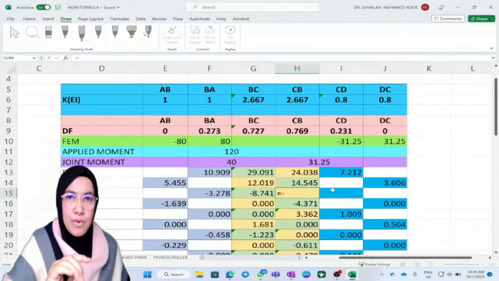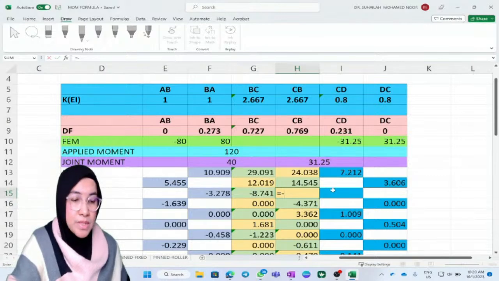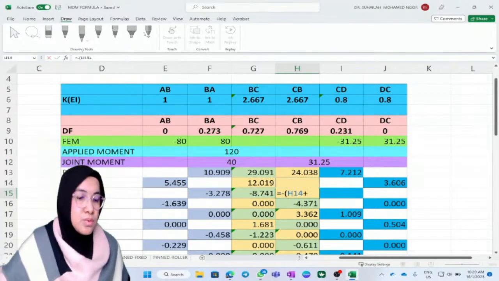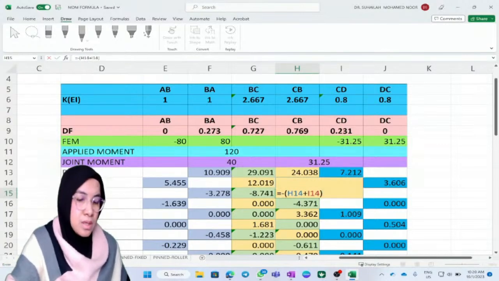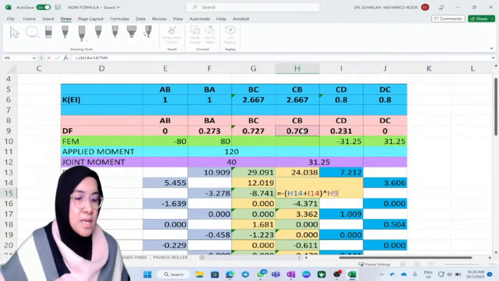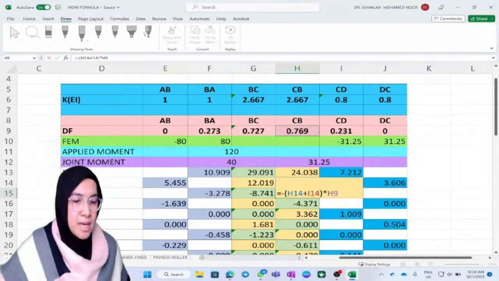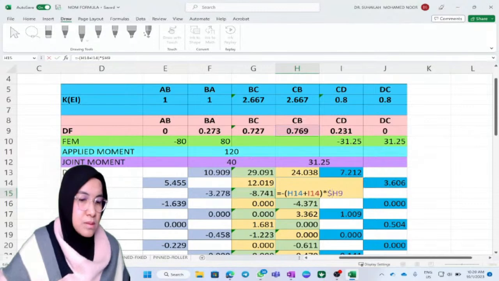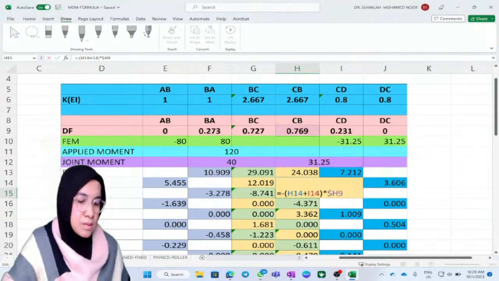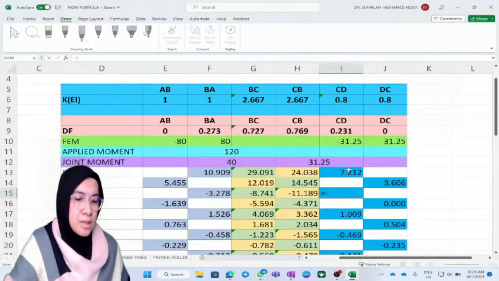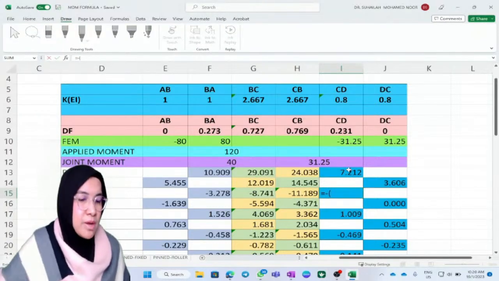So for joint C, I put negative to represent the joint moment opposite condition. It is 14.5 plus 0 for CD. So this one plus 0 times with factor 0.769. Look at the process, you have to do it manually.